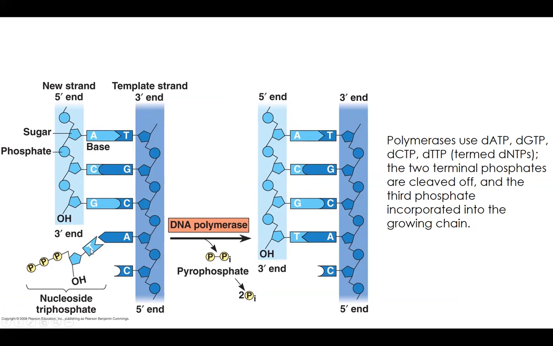So this would be like thymidine triphosphate. Or if we're putting in adenine, this would be adenine triphosphate. Yeah, ATP, man, we use that for everything. Guanine triphosphate, cytosine triphosphate. This is the raw nucleoside that we're getting ready to put in.